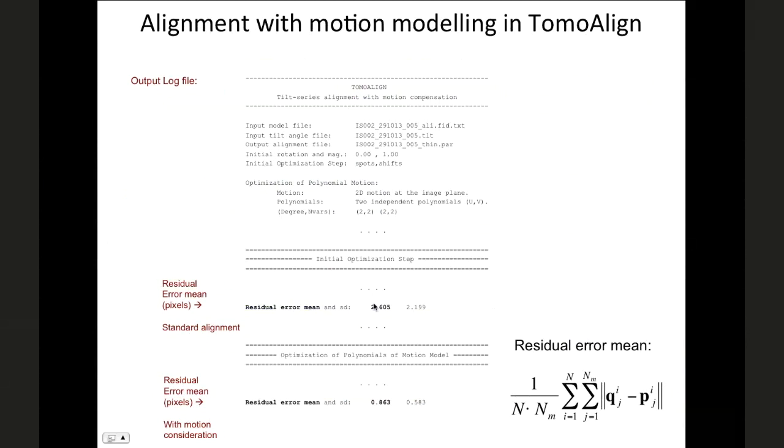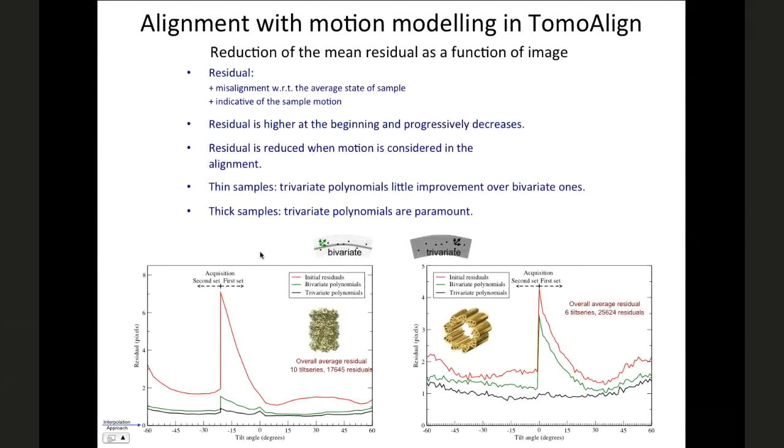And this allows us to make this type of plot. This is the residual as a function of the image. Here we have two examples: purified proteasomes, 15 nanometers thick, embedded in an ice layer of, let's say, less than 100 nanometers, and centrioles or basal bodies, 300 nanometers thick.